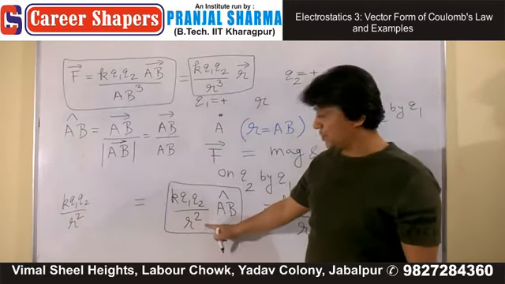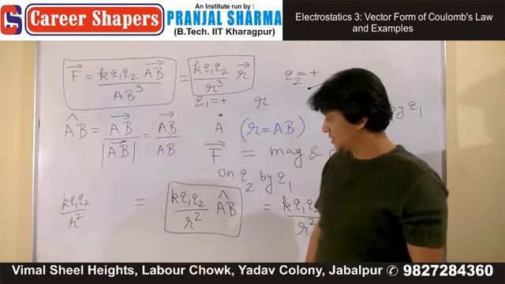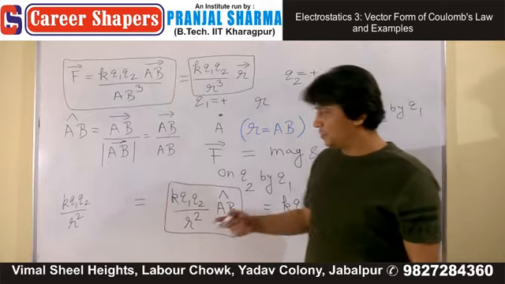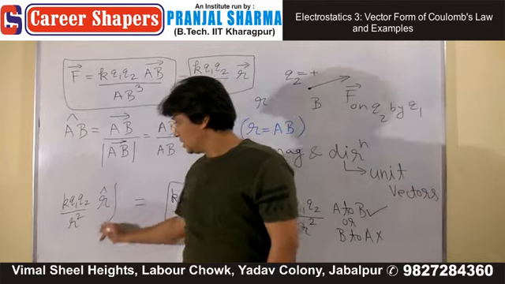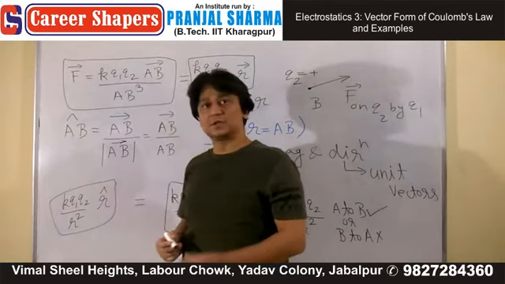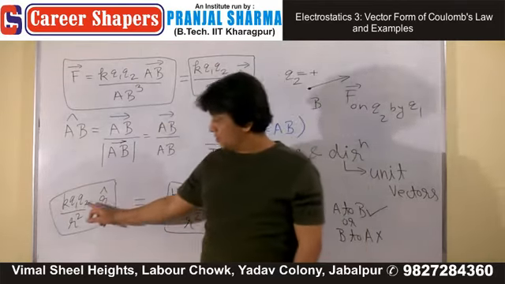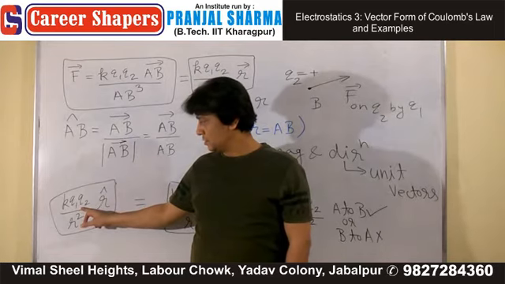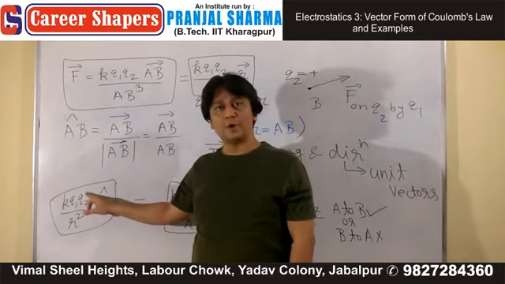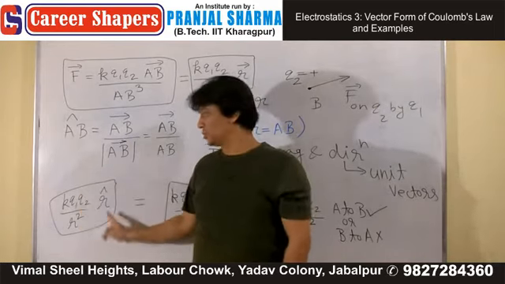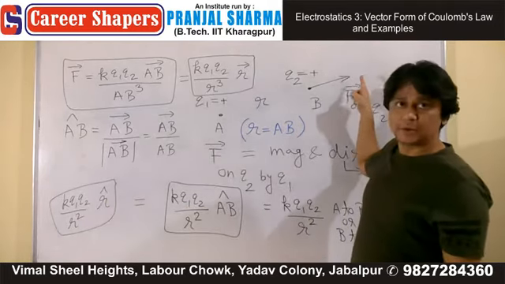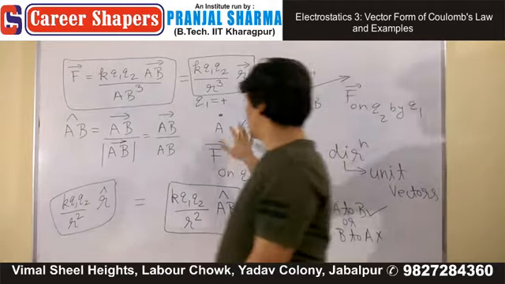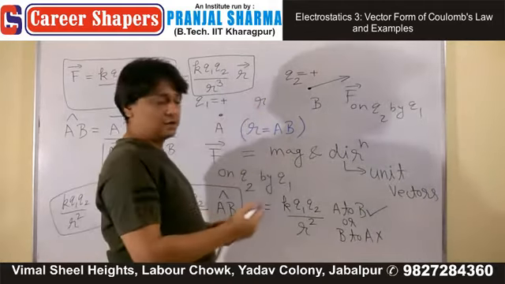K Q1 Q2 upon R square AB cap. What is AB cap? R cap. This is also a valid version. Magnitude K Q1 Q2 upon R square and direction is what? R cap. What is R cap? This direction A to B.